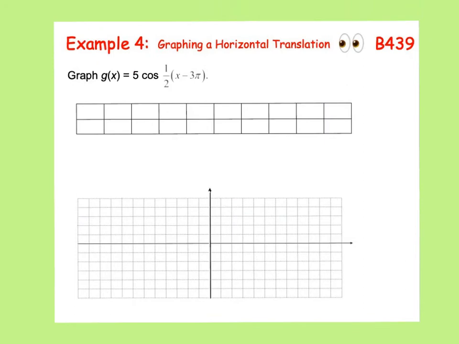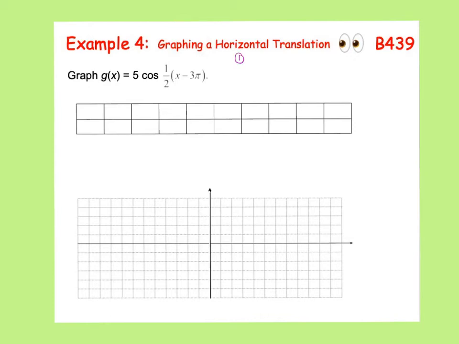In this example, we are going to graph a horizontal translation of the graph of cosine x, as well as a vertical stretch and a horizontal stretch by a scale factor of 2. So let's go ahead and write down again what our transformations are.